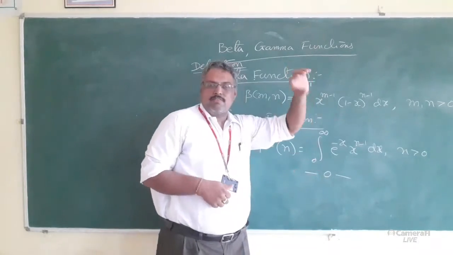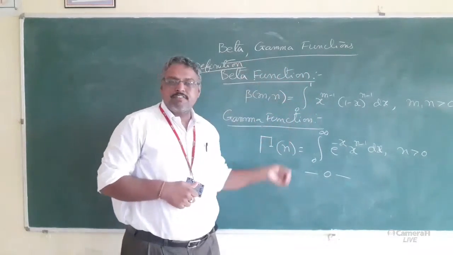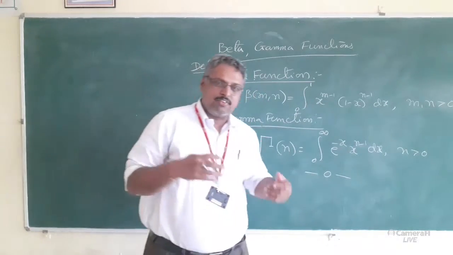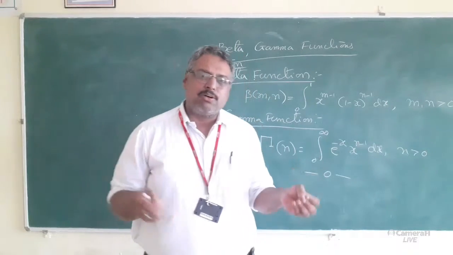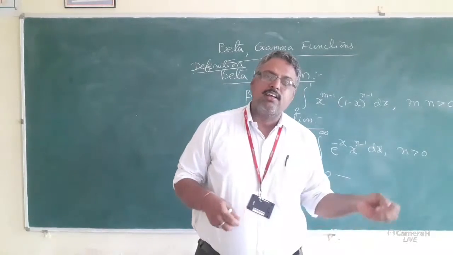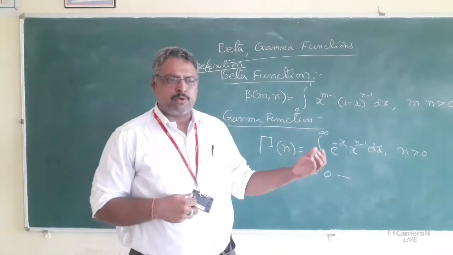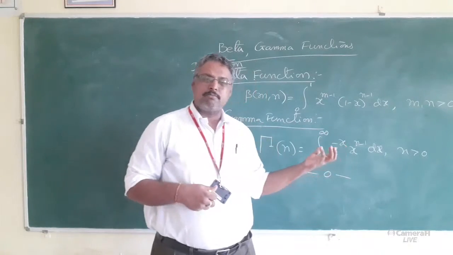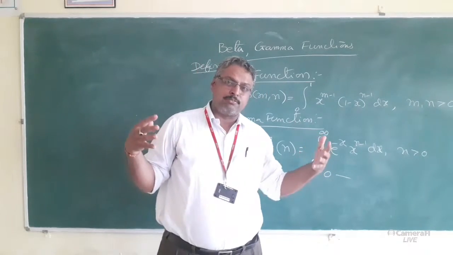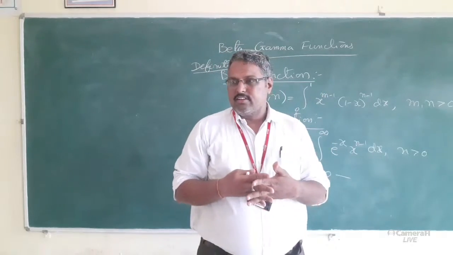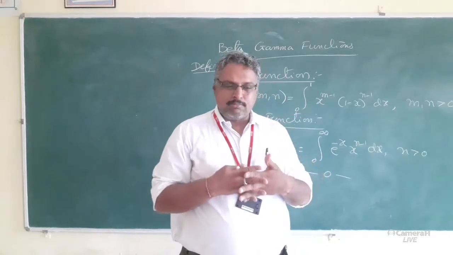Now we will create some wonders using these two definitions. So what are the wonders? One by one. First we will discuss the properties of beta function and the properties of gamma function. Then we will discuss a few problems based on beta and gamma functions. Then we will discuss the relation between both the functions. Finally we will apply the beta and gamma functions.